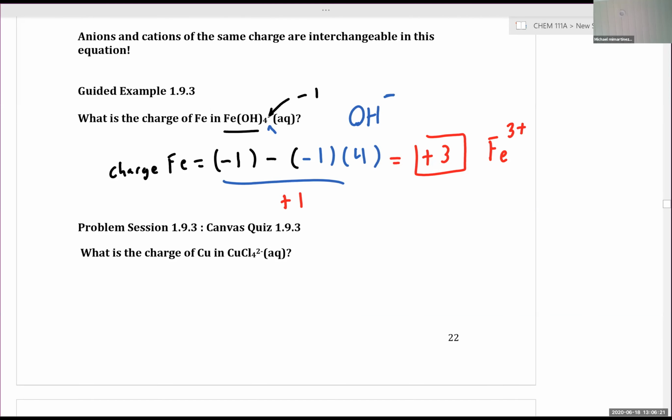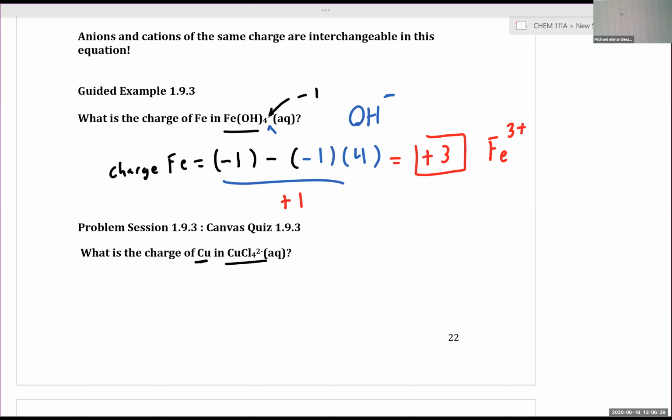So I'd like you now to take about 2 minutes to work on the following example where you're asked to calculate the charge of copper in the following copper chloride complex. And we'll discuss in about 2 minutes.